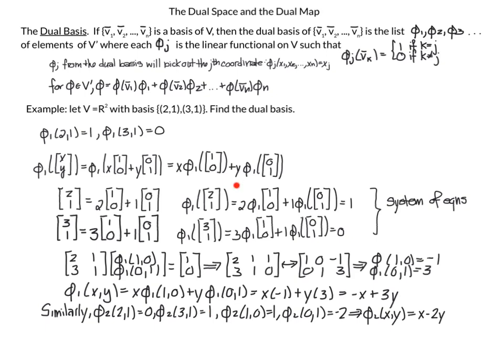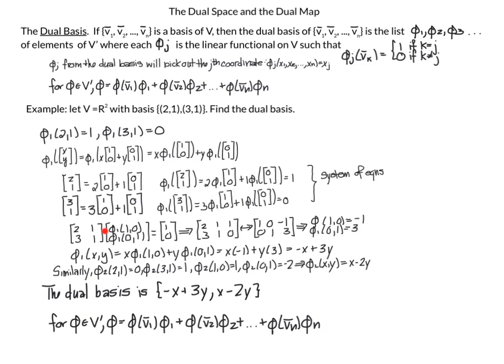When I put it into my system of equations, I'm going to find that phi 2 of (1, 0) is equal to 1, and phi 2 of (0, 1) will equal negative 2, which means phi 2 of (x, y) is equal to 1 times x minus 2 times y. So these are my two functions that are our bases for my dual space. That is, my dual basis now is going to be minus x plus 3y, x minus 2y.